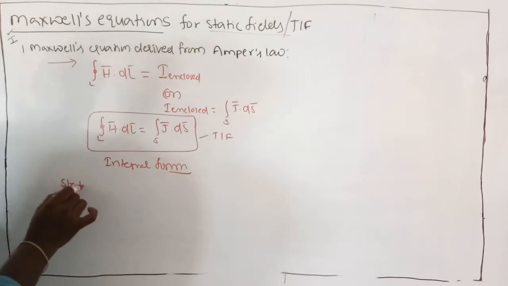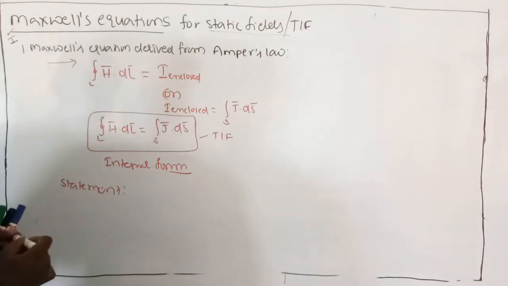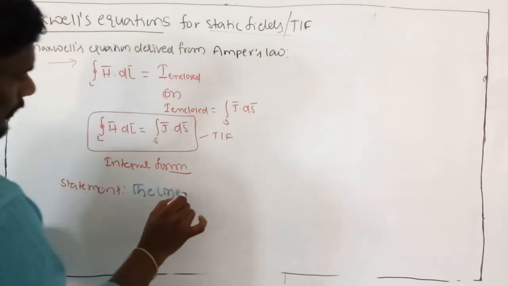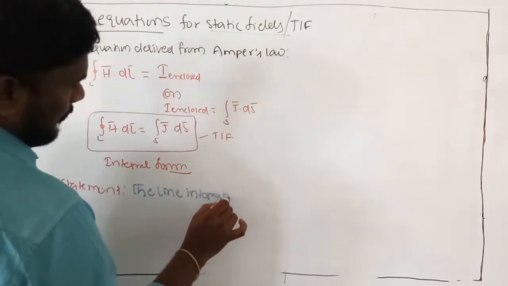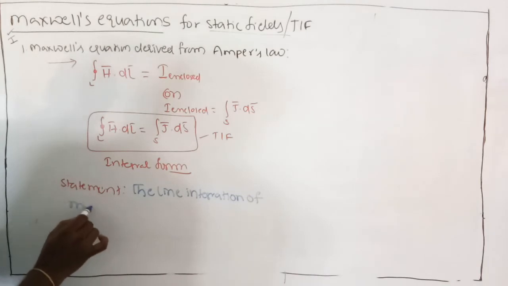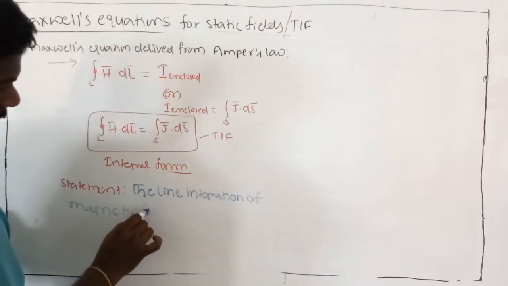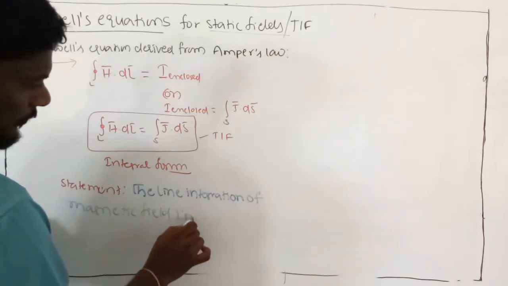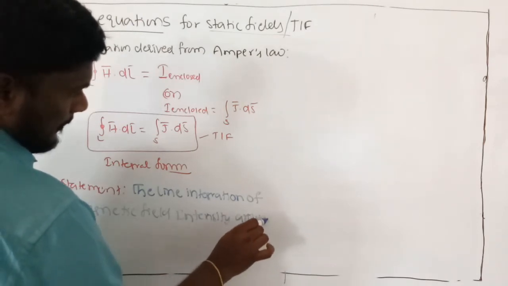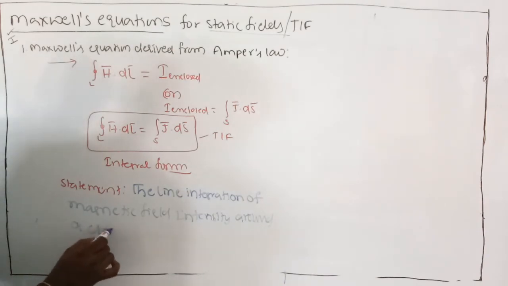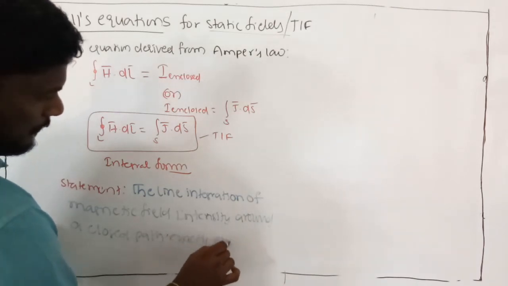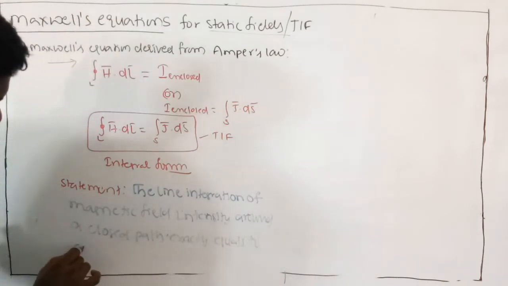The statement is like this: the line integration of magnetic field intensity around a closed path is exactly equal to the current enclosed by that path.